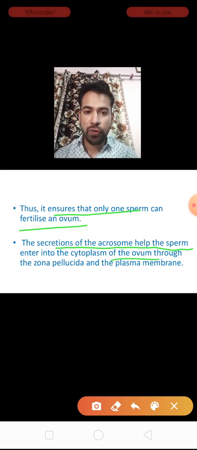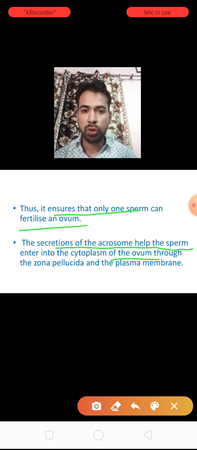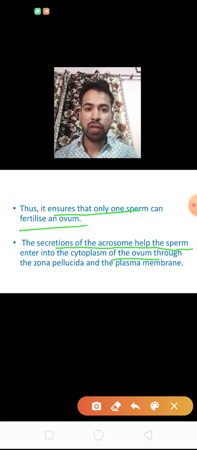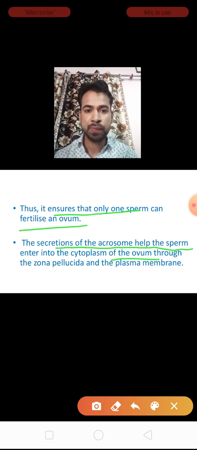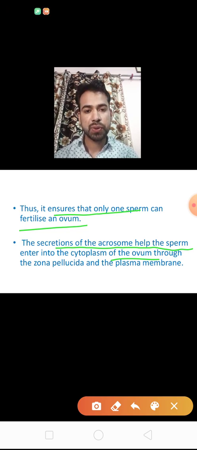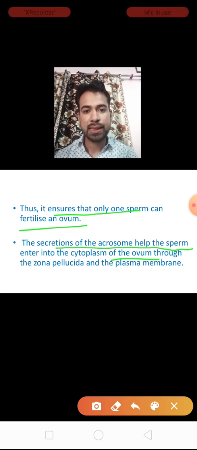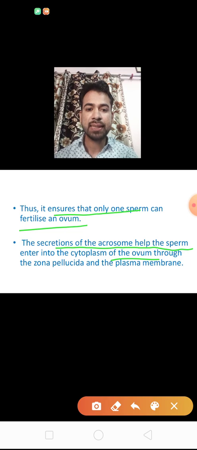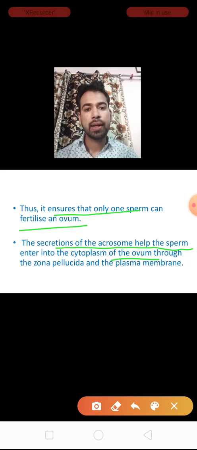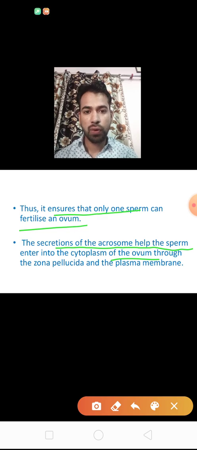Okay, if you remember, the outermost structure found on the head region of the sperm is known as the acrosome. Okay, so the acrosome synthesizes some enzymes, and these enzymes provide capacitation to the sperm for movement.